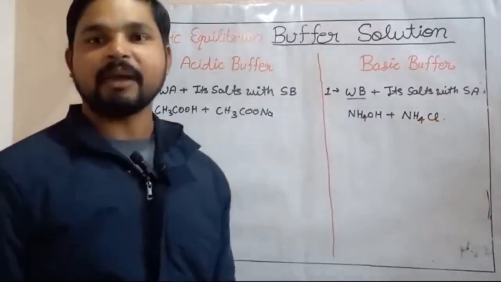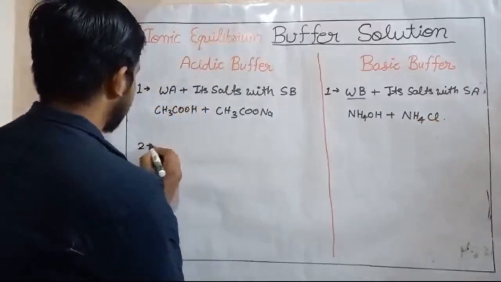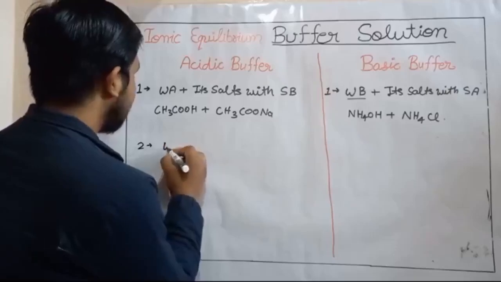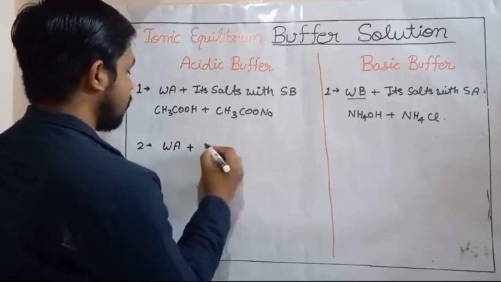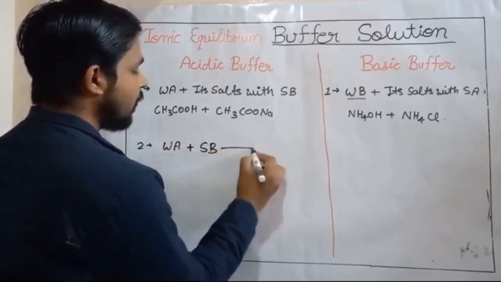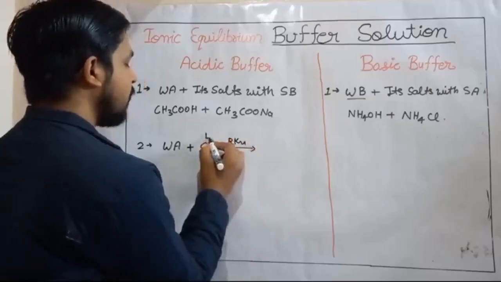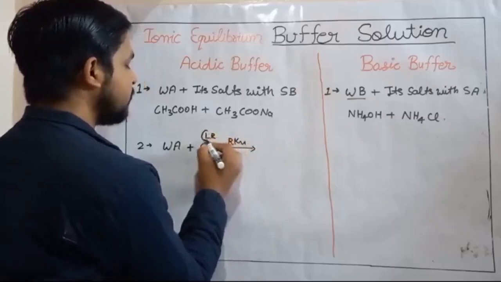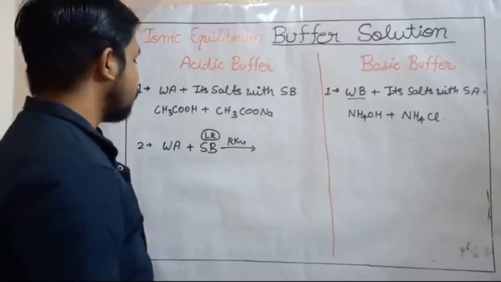Now the second method of preparation of acidic buffer is to take a weak acid with a strong base. After the reaction, if the strong base is present as the limiting reagent, then only a buffer solution forms.